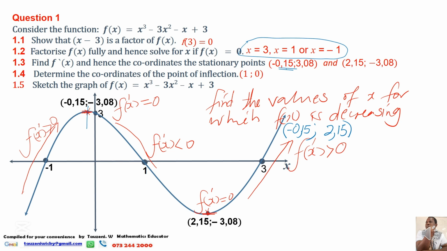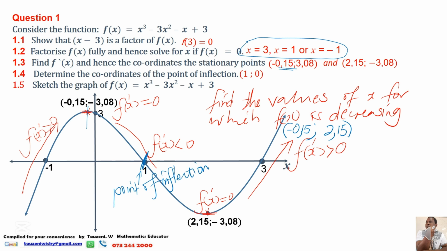We may also want to emphasize the concavity of the function. In this graph, we did calculate the point of inflection, which is 1, 0. The point of inflection, this is the point where the graph changes its concavity. So, should we ask you what is the significance of the point of inflection?